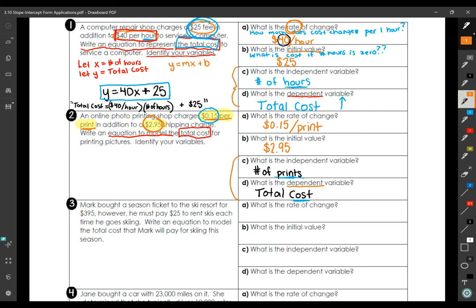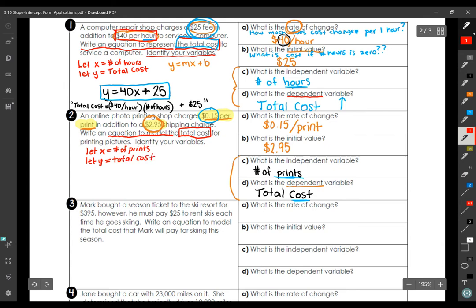All right, so let's combine all of our stuff together here. We're going to let x, which is our independent variable, represent the number of prints or the number of photos. And we're going to let y represent the total cost. Again, remember, y equals mx plus b.